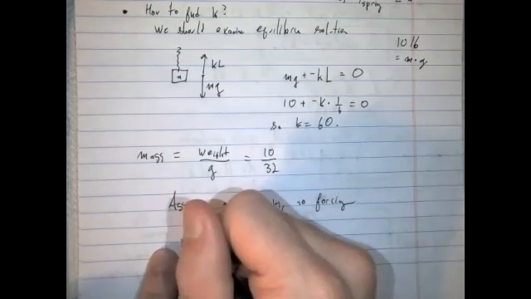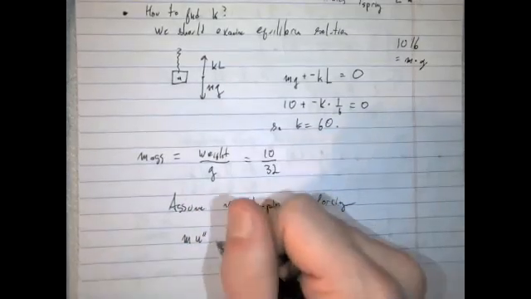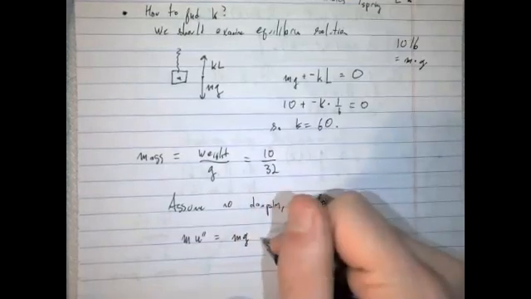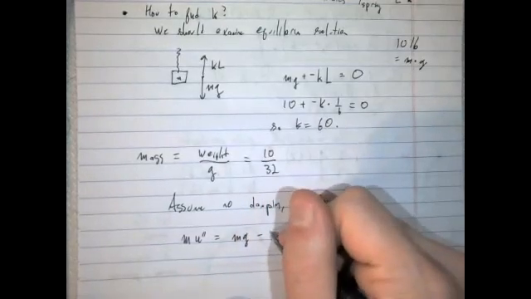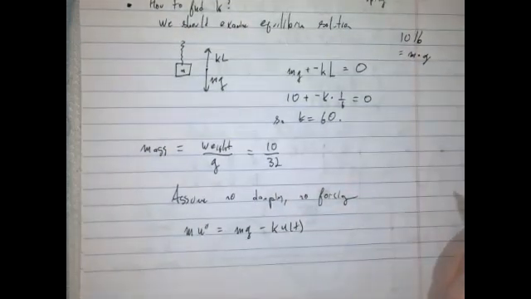Well, remember that it's m u double prime being equal to mg minus ku of t. And we know what all of the m's and g's and things like that are here, right?